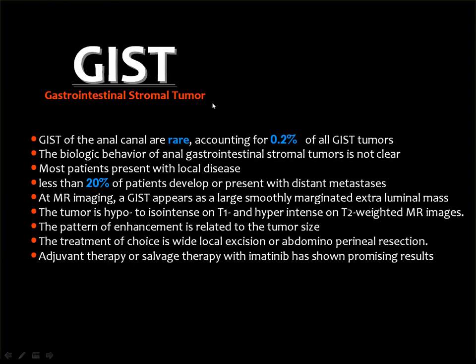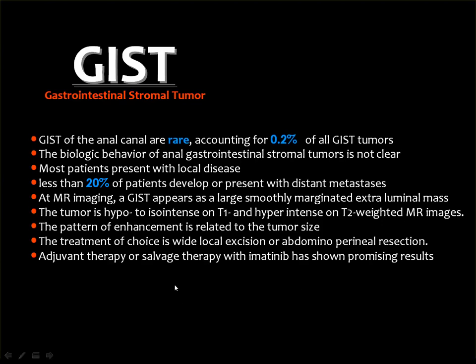Gastrointestinal stromal tumor or GIST is also rare in the anal area, and it accounts for 0.2% of all GIST tumors. The patients may present with local disease due to compression, for example, and less than 20% of the patients may have distant metastasis.